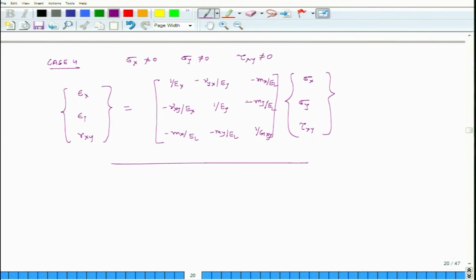The next thing is, now we have the relations for special orthotropic lamina and generally orthotropic lamina.